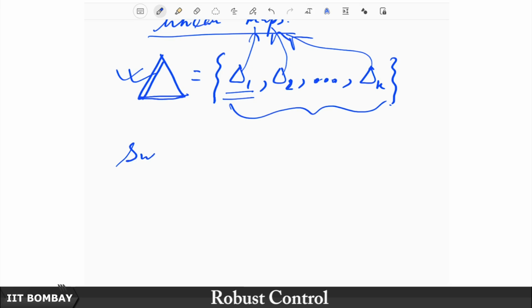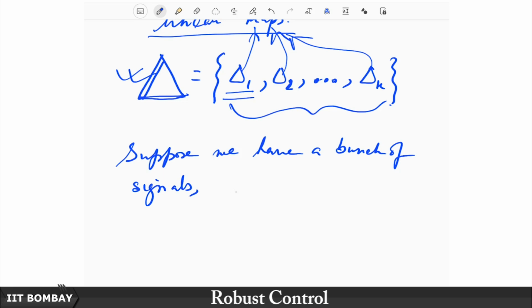Now, suppose we have a bunch of signals, say P1, P2 dot dot dot till, I do not know, maybe quite a number of signals, maybe Pk, yeah, this has nothing to do with this earlier k, maybe I can replace this as L, whatever.